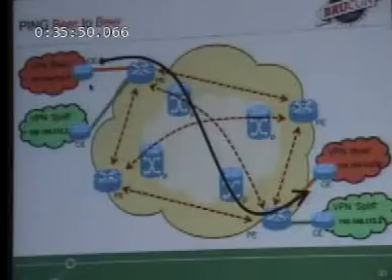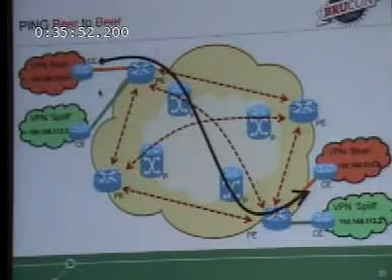And we will ping now from the red VPN into the other location of the red VPN. So this is working as expected. That's the normal behavior. You can ping your own other site.